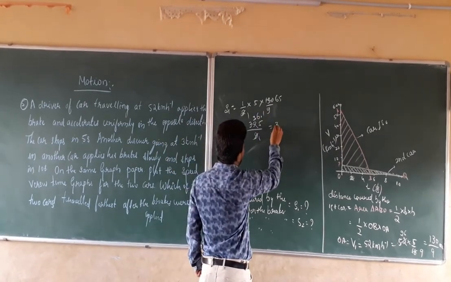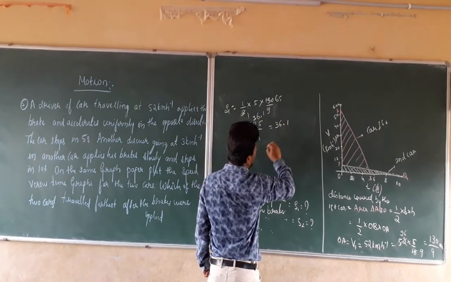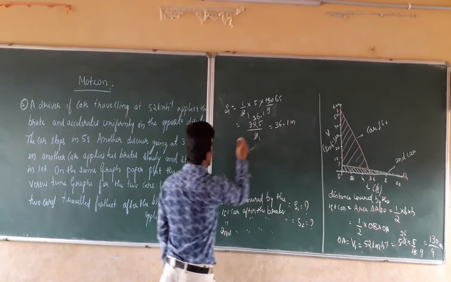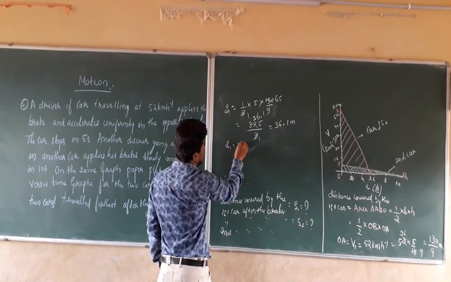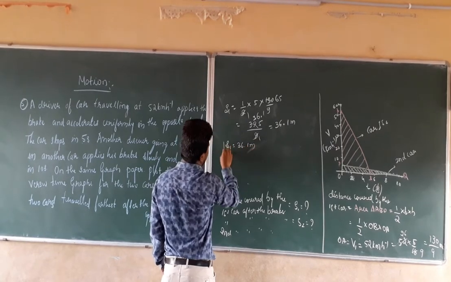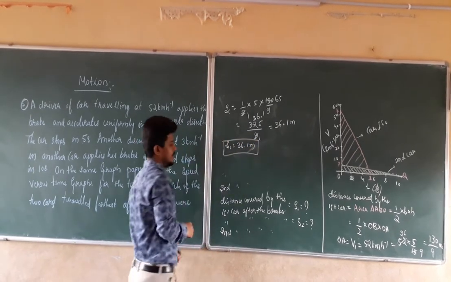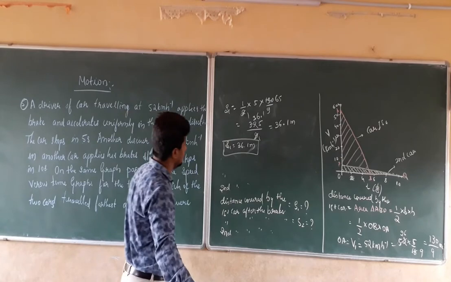So the distance covered in the first case is equal to 36.1 meters. Therefore, S1 equals 36.1 meters.